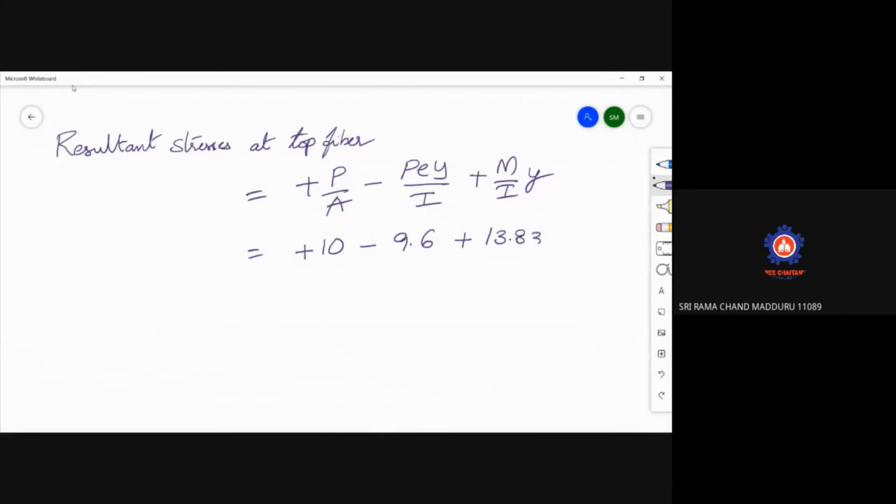Is it right? Yes. 14.23. Don't forget plus. 14.23 Newton per mm square.